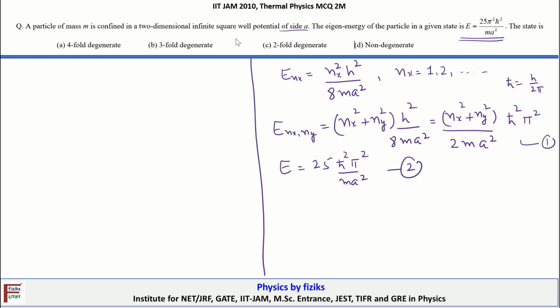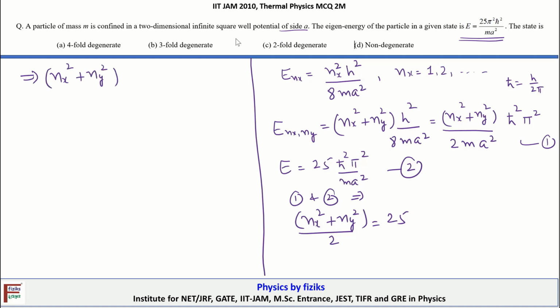So when we compare equation 1 and 2, we obtain that n x square plus n y square divided by 2 is equal to 25. This implies n x square plus n y square is equal to 50.